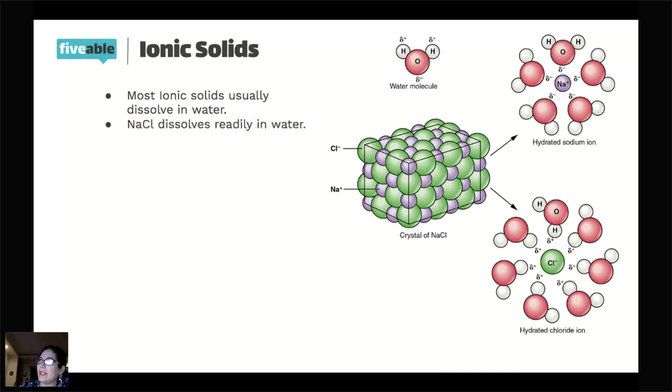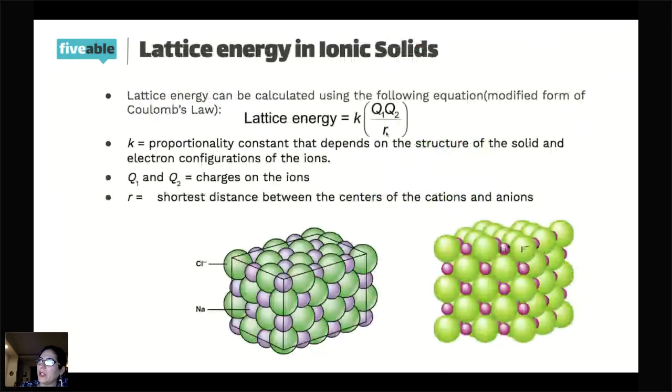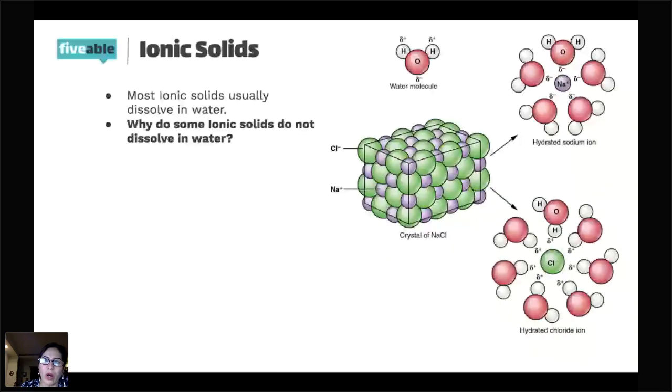The lattice energy depends on the radius and the Qs. The Qs are the charges of the ions. So if you have large charges, then they will have a greater lattice energy. They are more attracted to each other, so this effect of water doesn't have any effect on these really strong crystal lattices with great lattice energy. They prefer to be stuck with each other than to dissipate with the water.